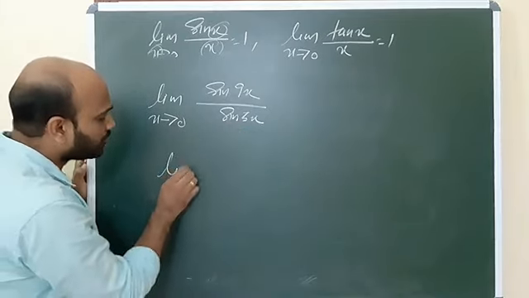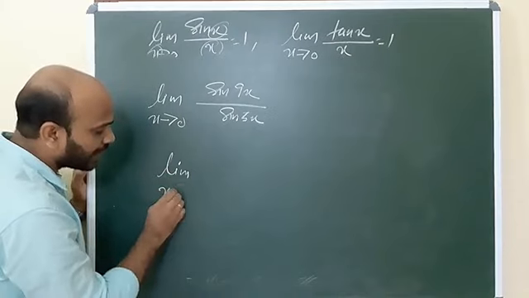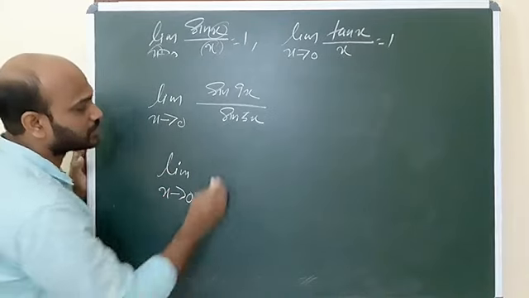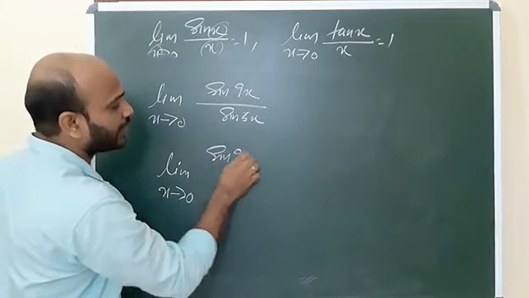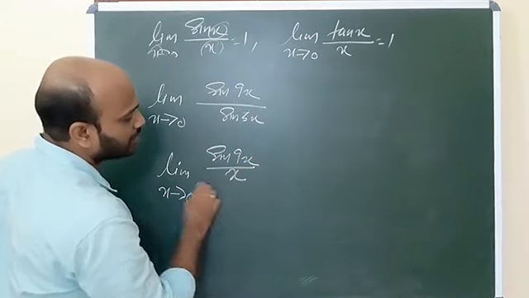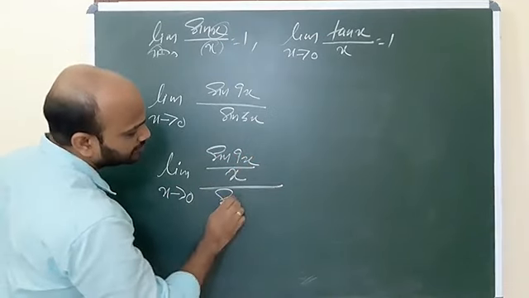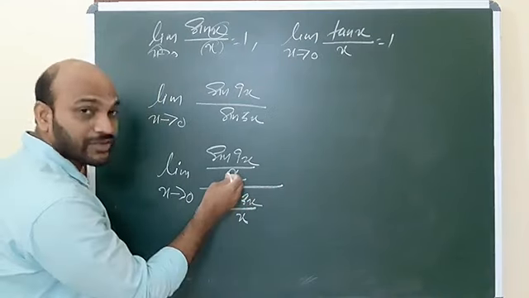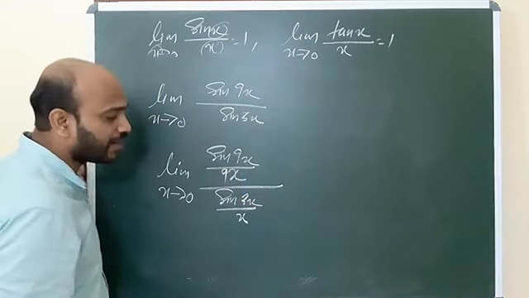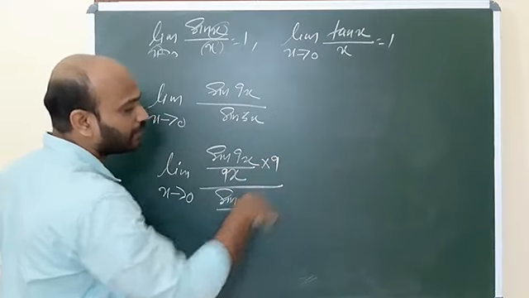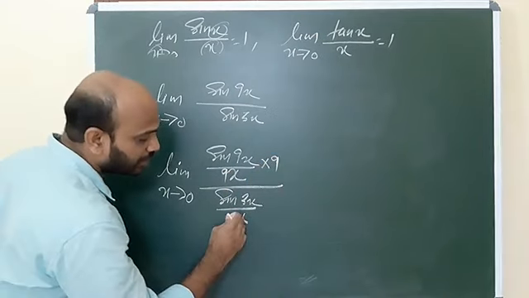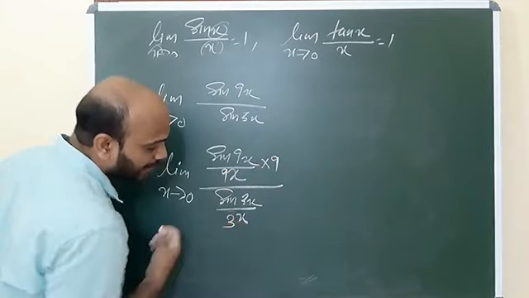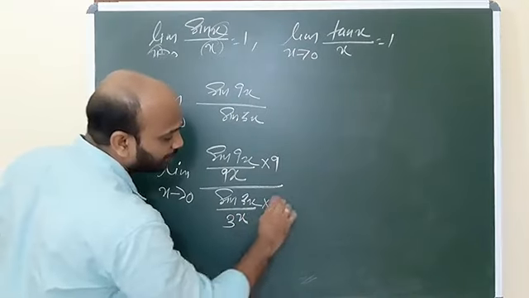So we can divide numerator and denominator by x. We'll get sin 9x by x whole divided by sin 3x by x. Now this x we can convert into 9x by dividing with 9 and multiplying with 9, and this one into 3x by dividing with 3 and multiplying with 3.